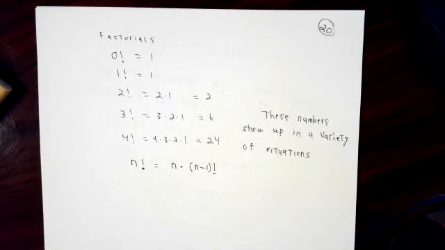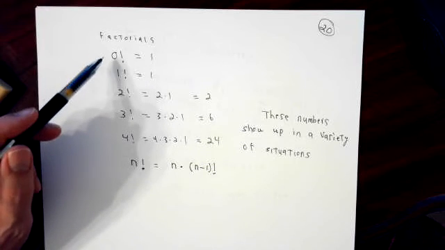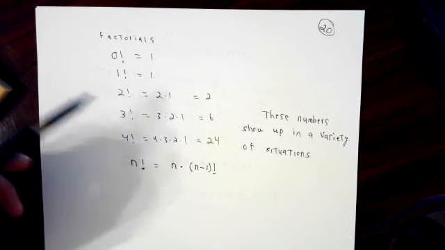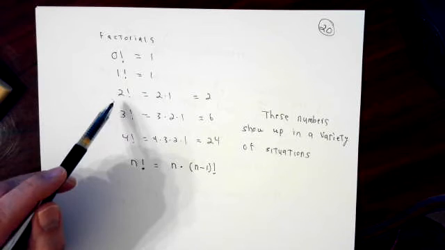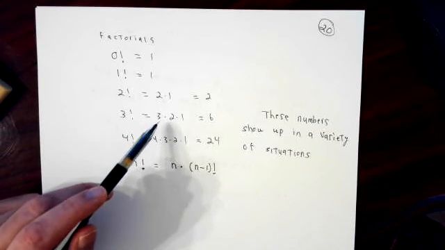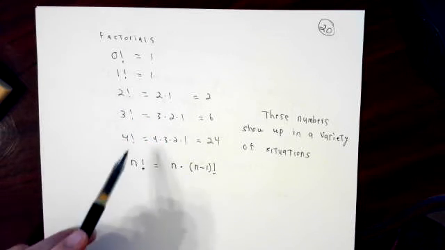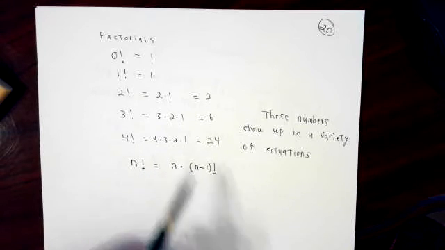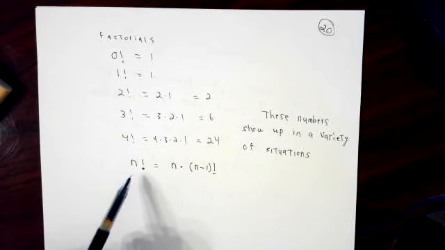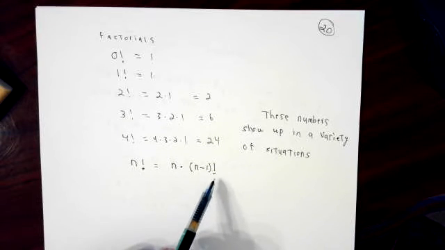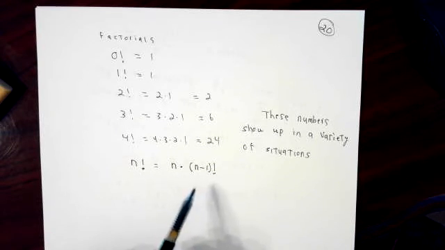For purposes of convenience, we define 0 factorial to be 1. 1 factorial is also 1. 2 factorial is 2 times 1. 3 factorial is 3 times 2 times 1. 4 factorial is 4 times 3 times 2 times 1. And in general, n factorial is n times the factorial of n minus 1.